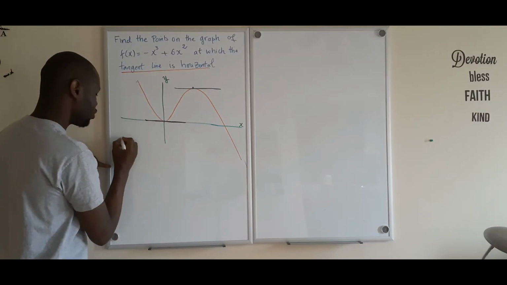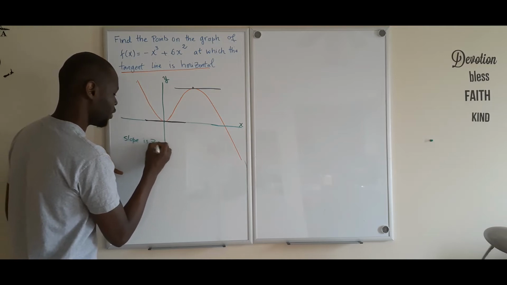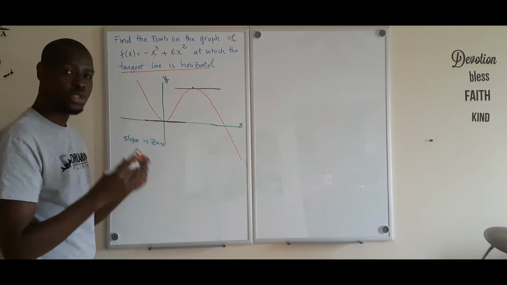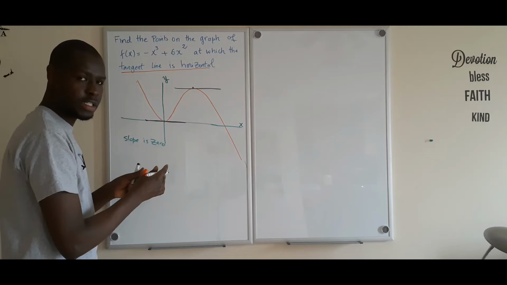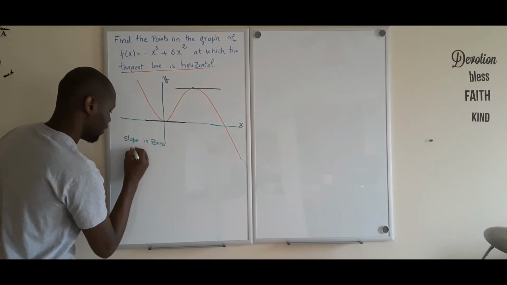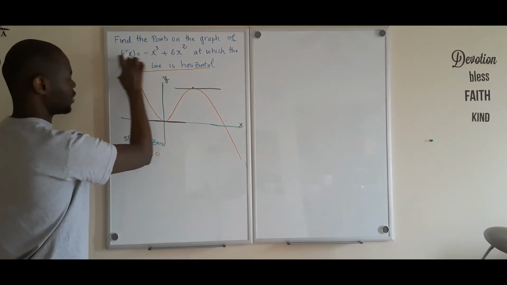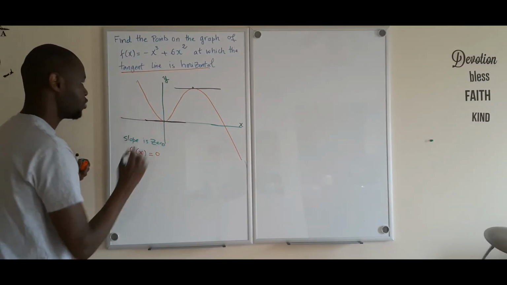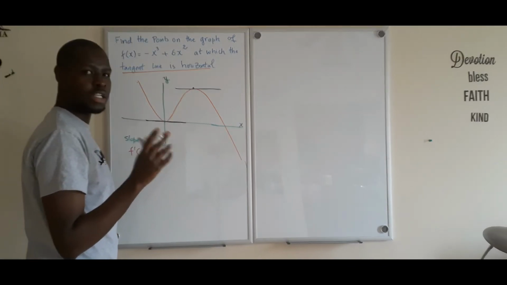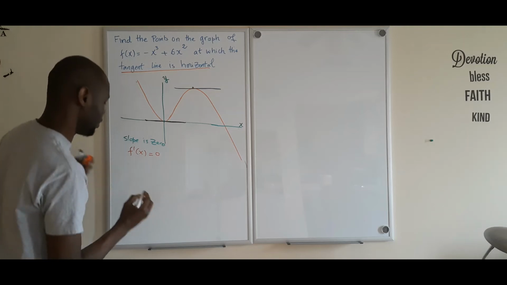So if the slope is 0, and we know that the slope of the tangent line is the derivative of the function, that means f prime of x equals 0. So you can just take the derivative of this function and set it to 0. That way you will find your 2 points at which the tangent line is horizontal.